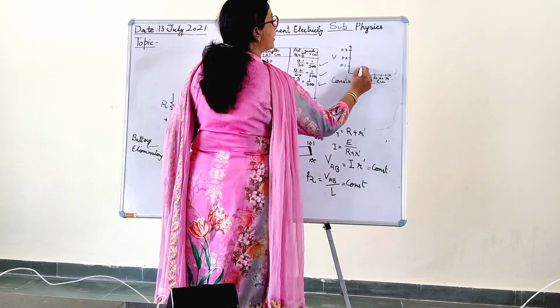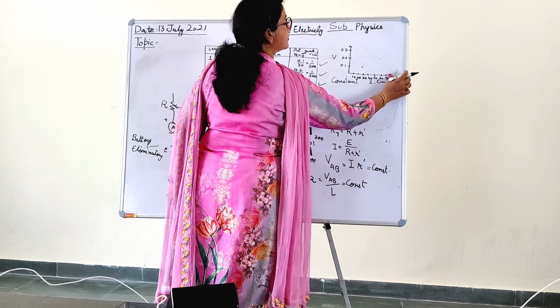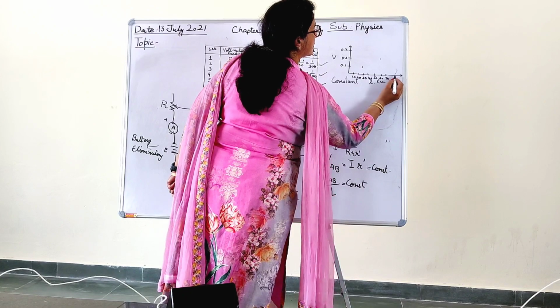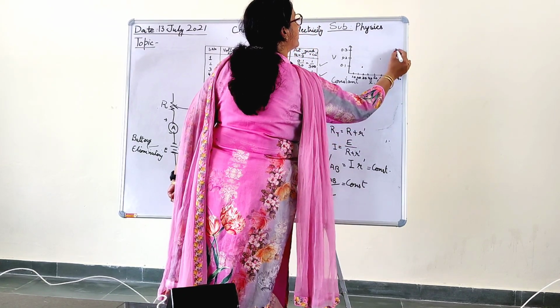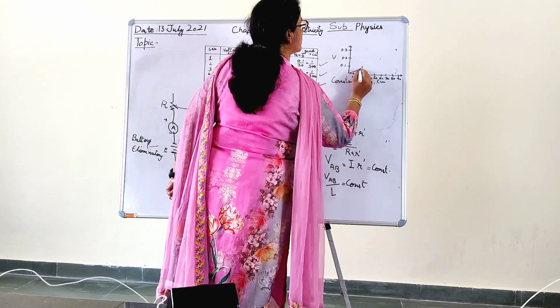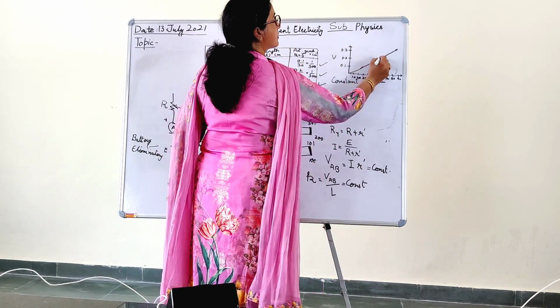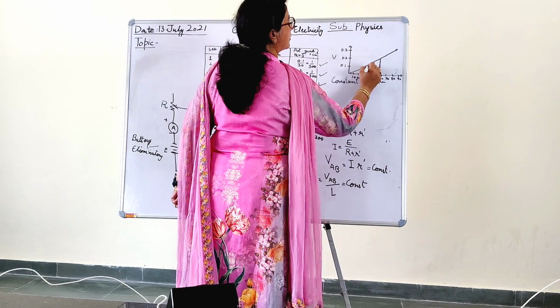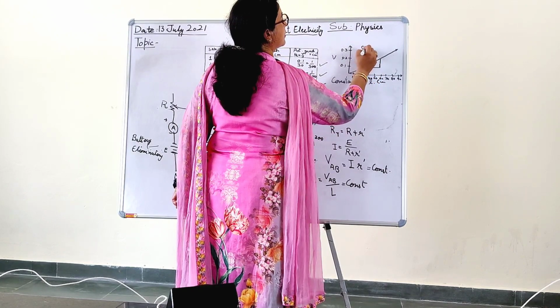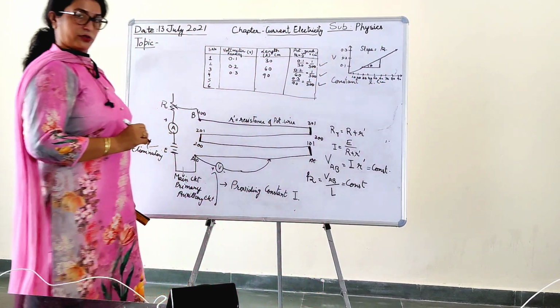At 30 it is 0.1, at 60 it is 0.2, at 90 it is 0.3. So the slope of this graph is equal to the potential gradient.